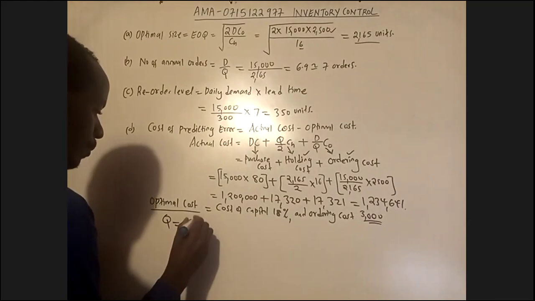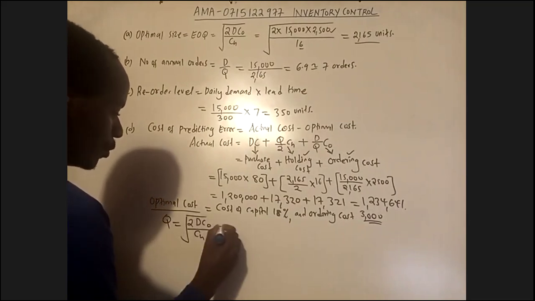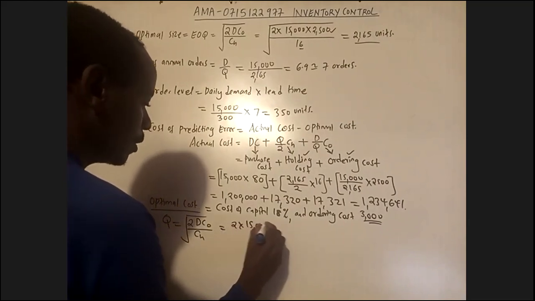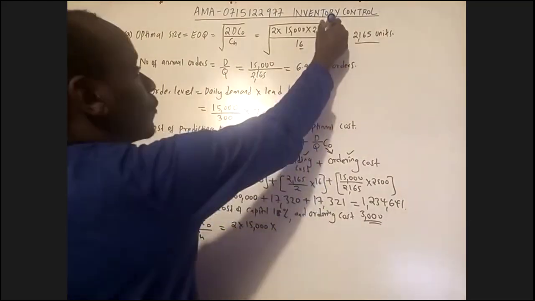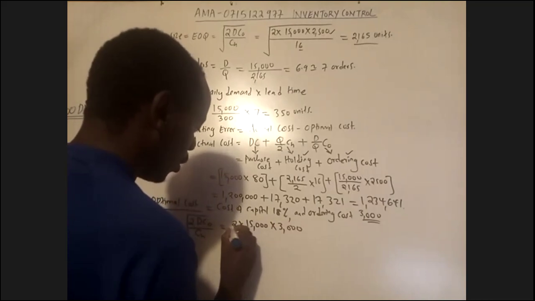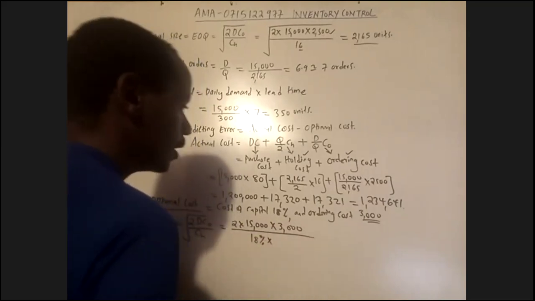So Q will be 2DCO over CH, which equals 2 times our demand, which is the same. The ordering cost changes from 2,500 to 3,000. 3,000 over 18%. We said it is a percentage of the purchase price. Now what is the purchase price?